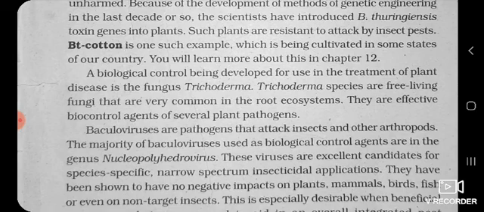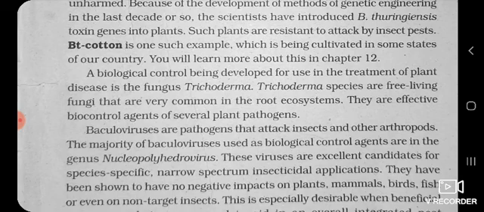By identifying the gene, we can easily observe which gene produces this toxin. So now that gene is isolated, multiple copies of that gene from the Bacillus thuringiensis are made, and that gene is directly introduced into a particular plant.